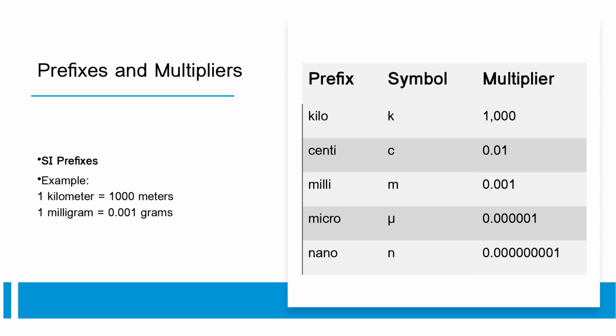Other common prefixes include mega for a million, centi for a hundredth, and micro for a millionth. You must become comfortable converting between these. A quick tip: when moving from a larger unit to a smaller one, you multiply. When moving from a smaller unit to a larger one, you divide. This skill is essential for almost every calculation you will perform.